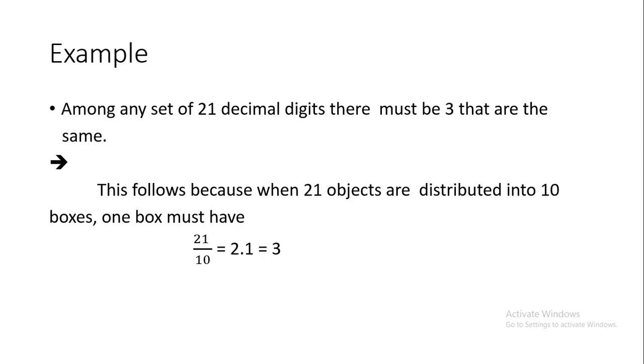So one box must have the ceiling of 21 divided by 10, that is 2.1, which rounds up to 3. So among any set of 21 decimal digits, there must be 3 that are the same. So here we get the count 3.